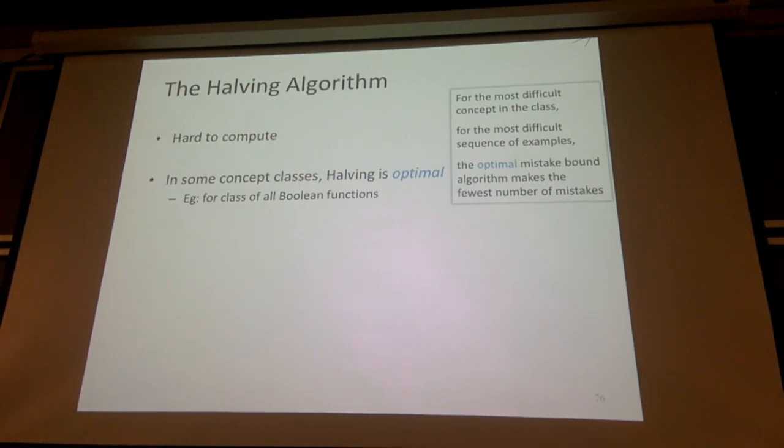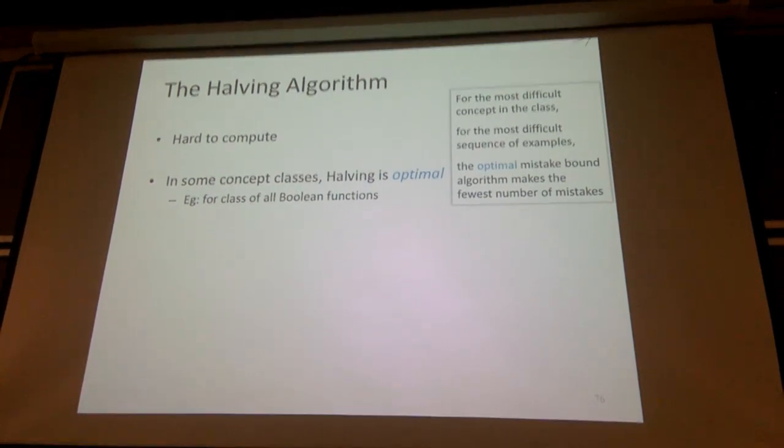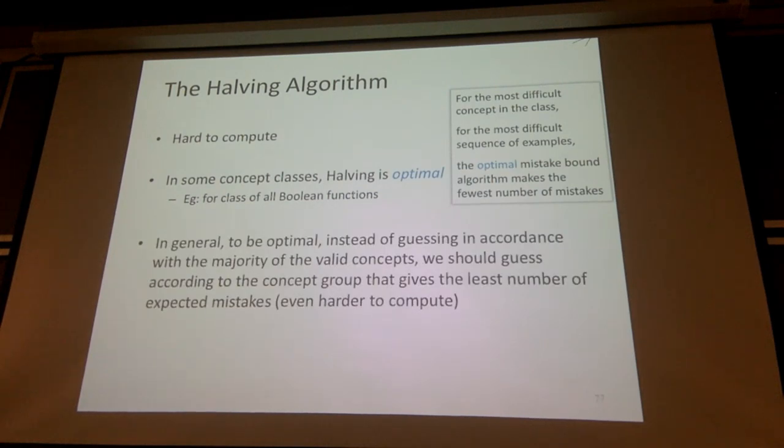For some concept classes, the halving algorithm is optimal. One of the very cool papers, Nick Littlestone's from 1988 or something, gives an example of a concept class where halving is not optimal. You can take a look at that, or you can think about it to invent a function where that happens. In general, optimality is non-trivial.